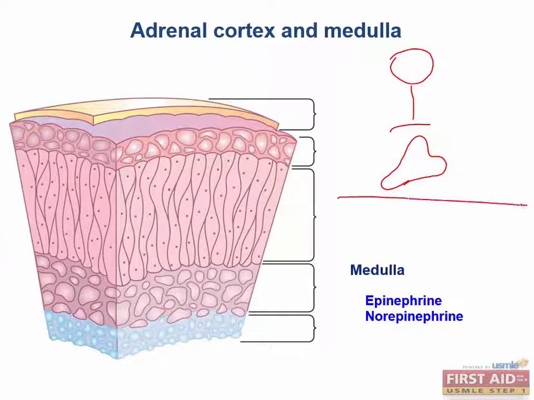However, instead of secreting it onto a muscle fiber, the adrenal medulla secretes epinephrine and norepinephrine straight into the bloodstream. While we're on our fun little tangent back into autonomic glands, anyone remember the neurotransmitter secreted by the preganglionic neuron?